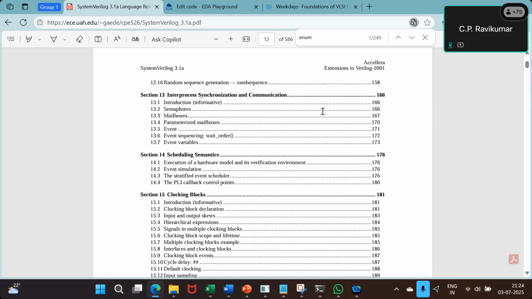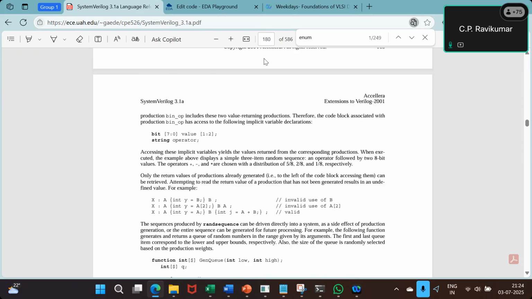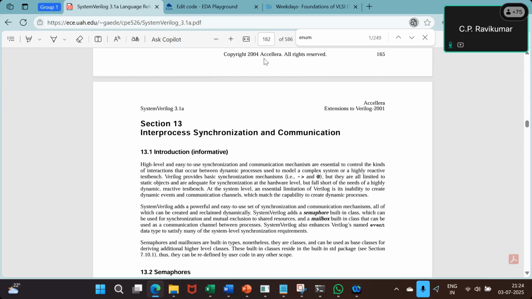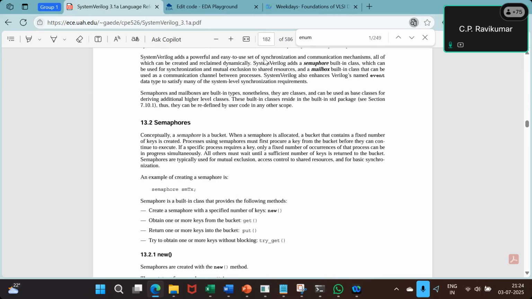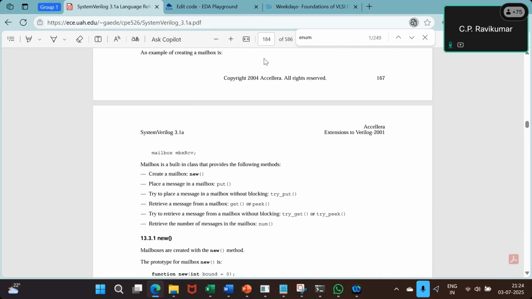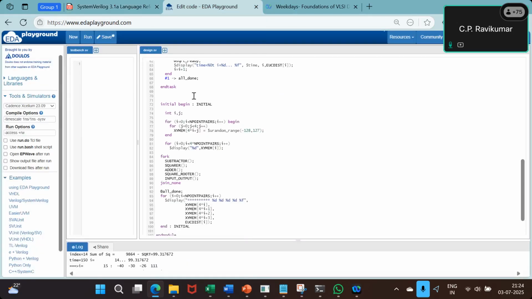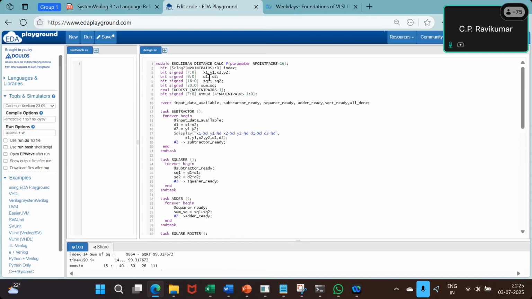Okay. You could, for example, let us look at 166. So if you are using a mailbox, see, in our case, remember I was using X1, Y1, etc. See, these are quote unquote shared between, see, who populates X1, Y1, X2, Y2?